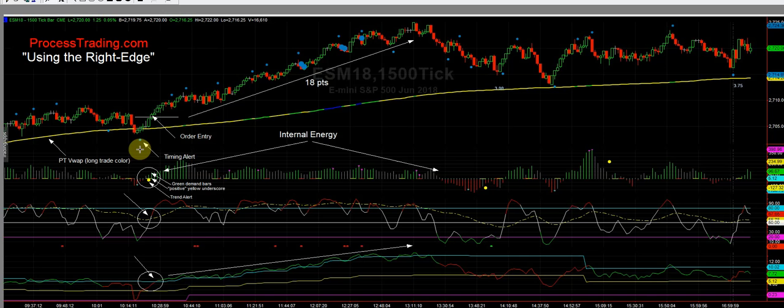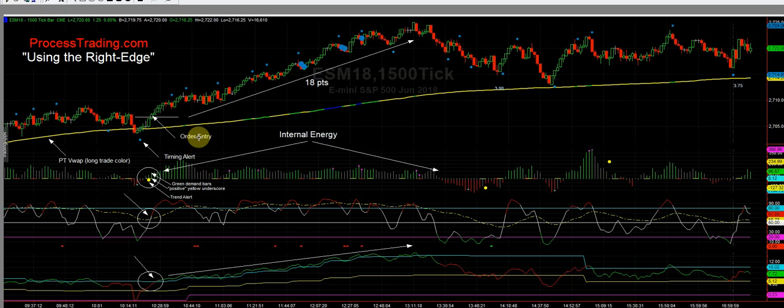So this was our first valid timing alert of the day. And the way that the trade management system works is we look to the high of the bar right above the timing alert dot, and we place our order entry 2 points above that.